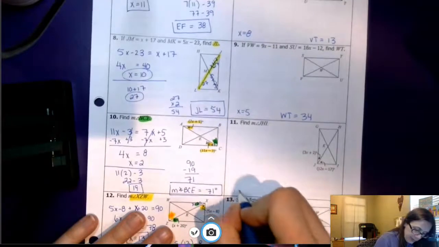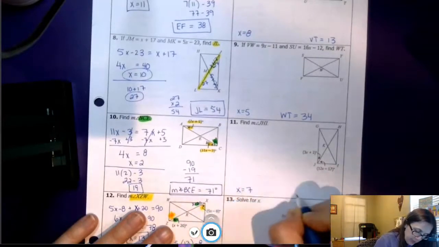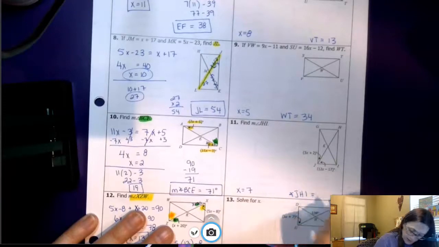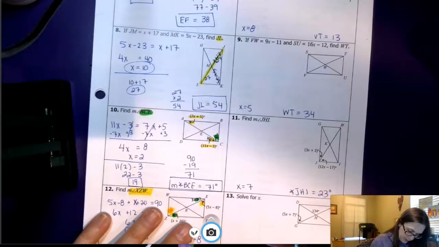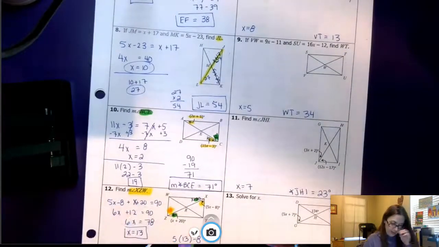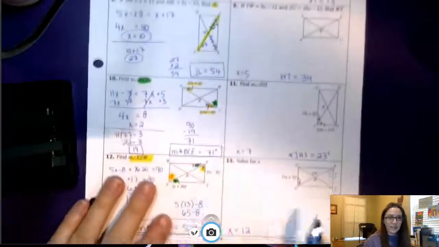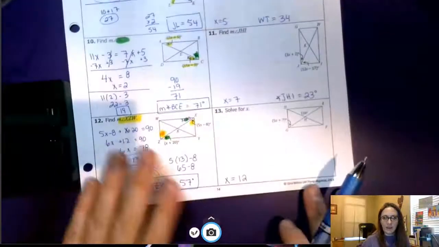Here I have x equals 7 and angle JHI equals 23 degrees. Here I have x equals 12, and it just wants me to solve for x. This one's challenging, so see if you guys can do that and come up with it.